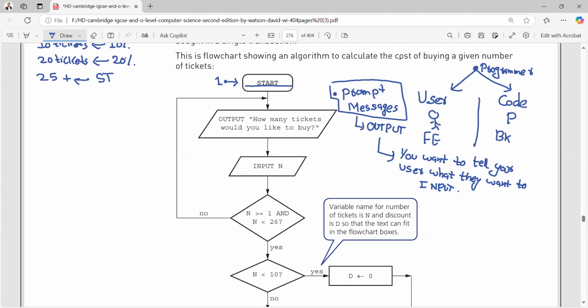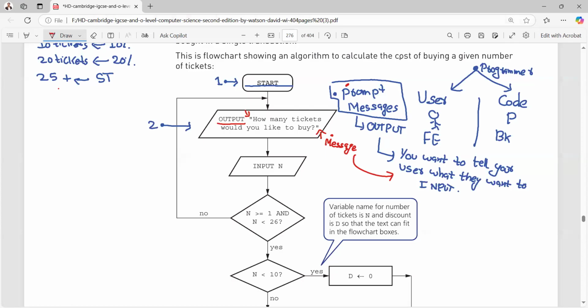So for example, I started my code right here. Then on the second step, I used this programming word, which is known as output. This will always remain capital since it is a reserved word for your pseudocode or your flowchart. Anything that comes in inverted commas is the message that you want to display to your user. You can call it a message or a prompt.